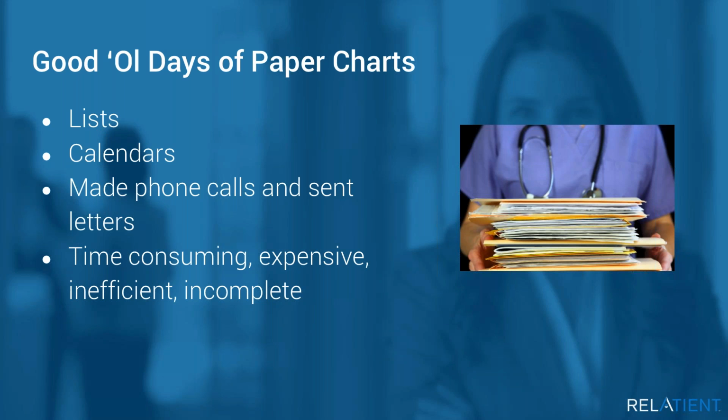Back in the good old days of paper charts, it's important to take a look back and remember how health maintenance was accomplished in the days of paper charts. Many years ago, I worked as a nurse for a large OBGYN group, and of course, back then we had paper charts. For patients that needed future appointments for follow-up, we kept track of these in a 3-ring binder separated by month and year.